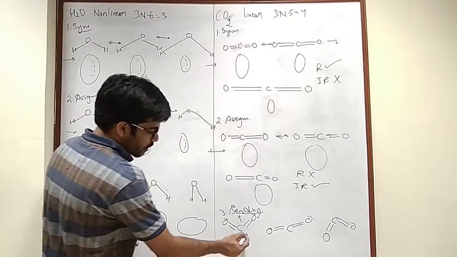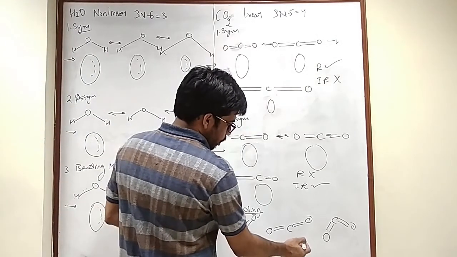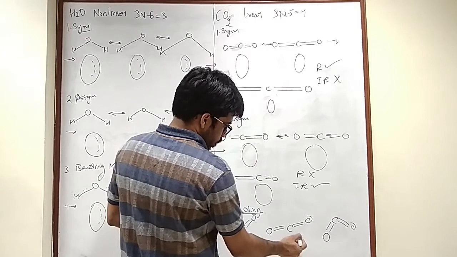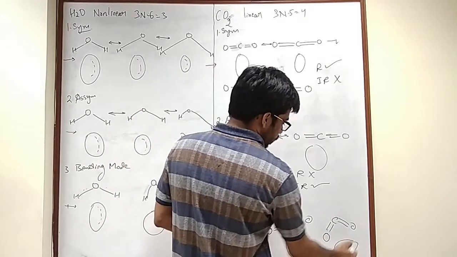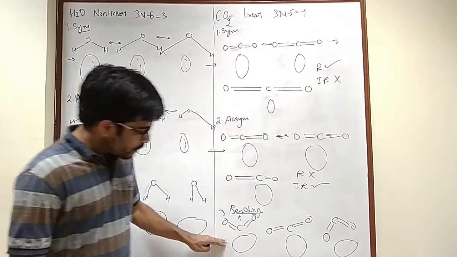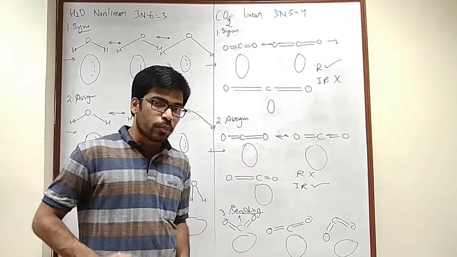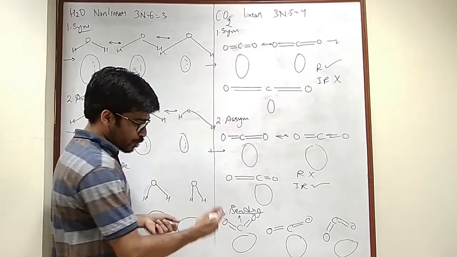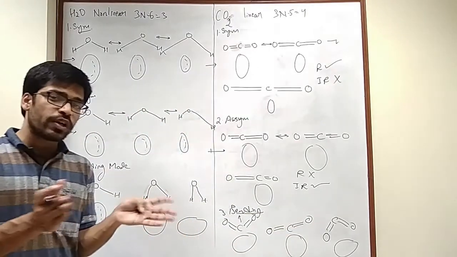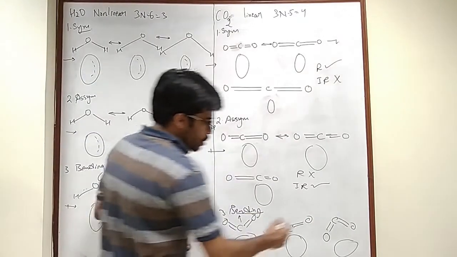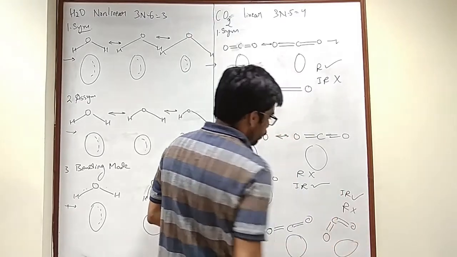So the polarizability ellipsoid will look something like this, followed by this. Between this mode and this mode, there is no change in the polarizability, because of which this mode is Raman inactive. So there is no net change in polarizability while going from this mode to this mode, even though there are two different orientations of the molecule. So that is why this is Raman inactive, but we know this is IR active.